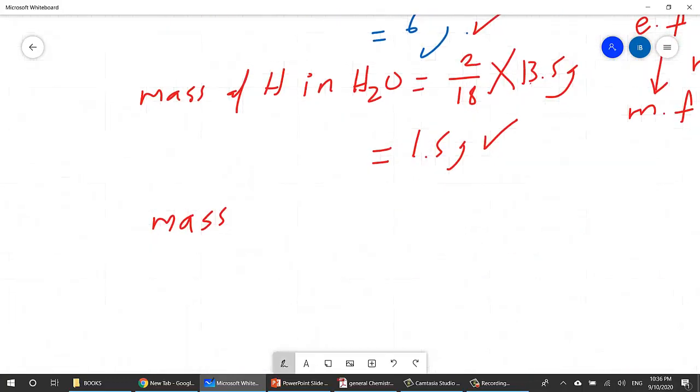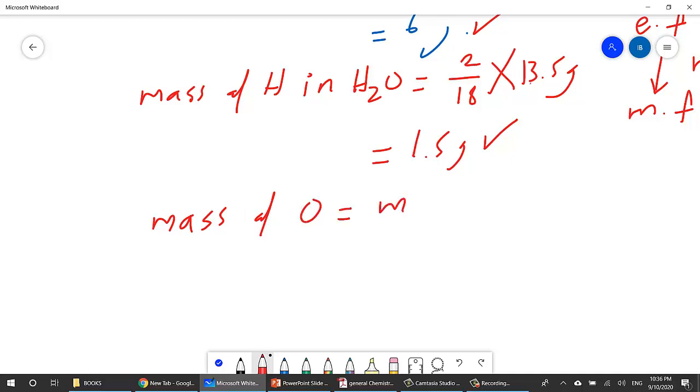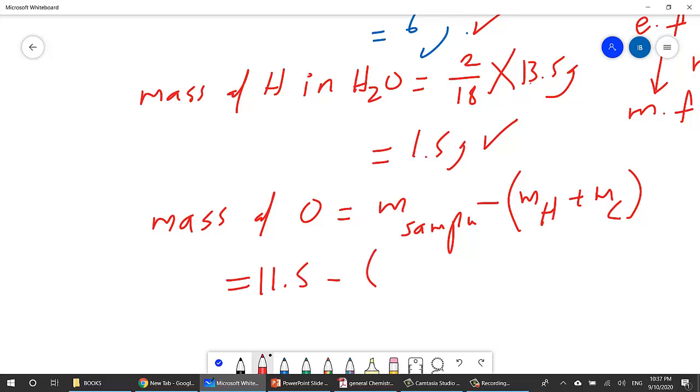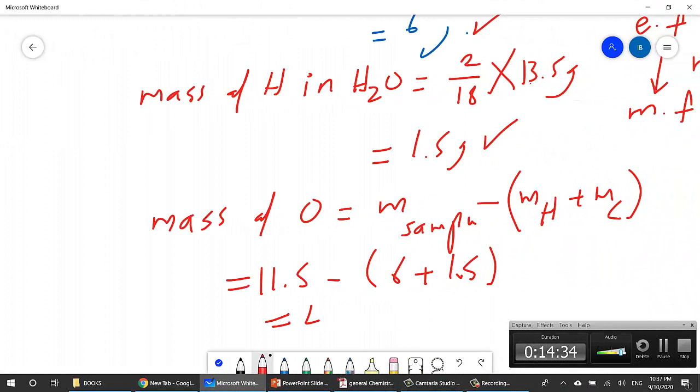The mass of oxygen will equal the mass of the sample minus the mass of H plus the mass of C. In this case, the mass of sample is 11.5 minus 6 for the carbon plus 1.5, and if you do the math, that would be 4 grams of oxygen.